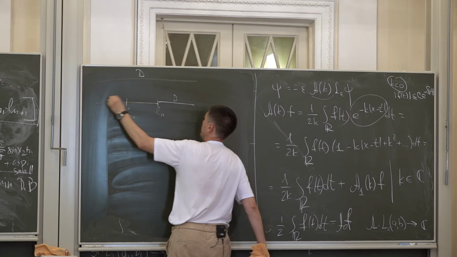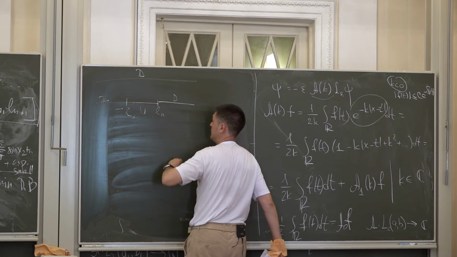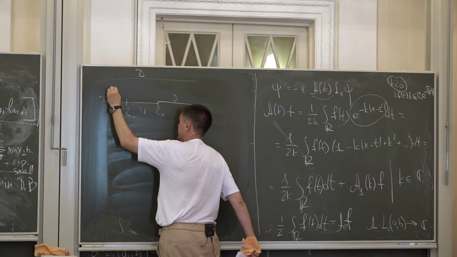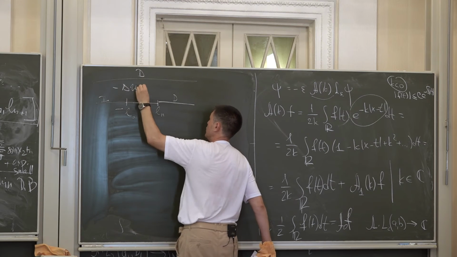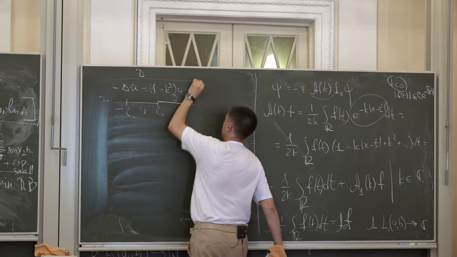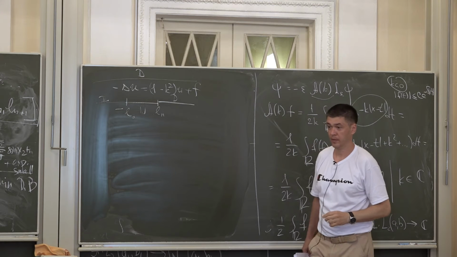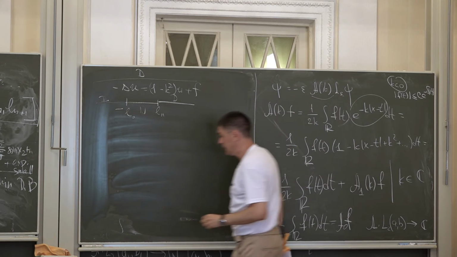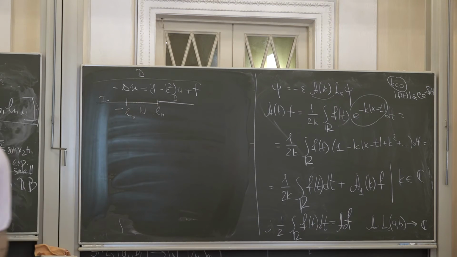So we have here such boundary conditions. Then we write here 1 minus k squared of u plus f. And the question is, what can we say about the solution of this equation?